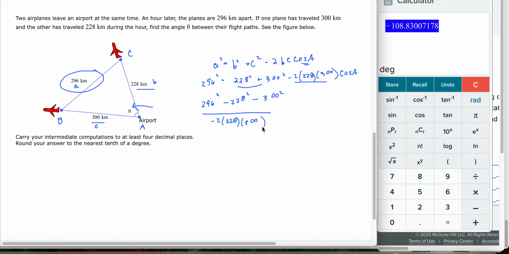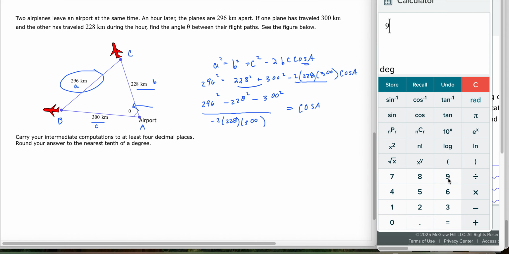Okay, so let's plug this in. So 296 squared minus 228 squared minus 300 squared. Okay, and then this all gets divided by negative 2 times 228 times 300.